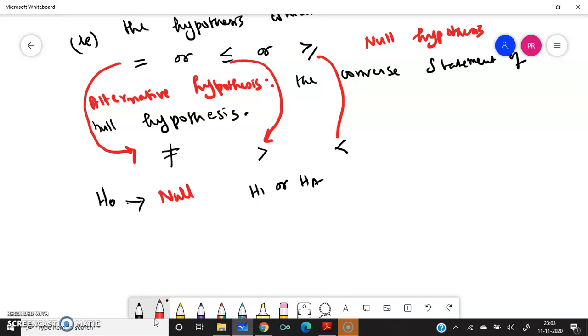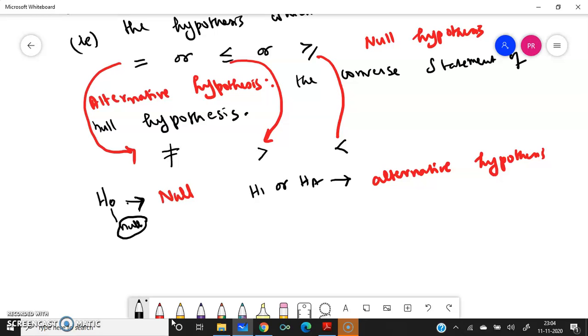This is how I denote the alternative hypothesis, right? How to denote the alternative hypothesis? H1 or HA. How to denote the null hypothesis? Always we denote it by H naught. This 0 represents null. That is why we are calling it H naught.